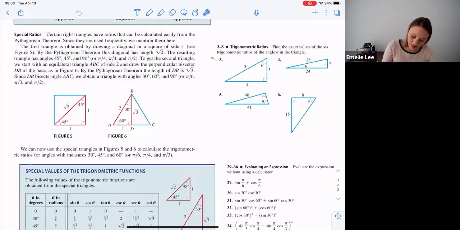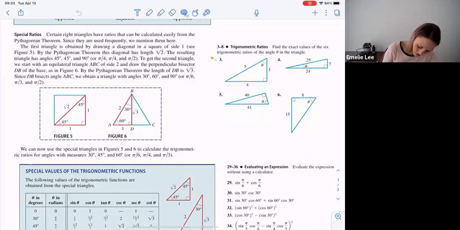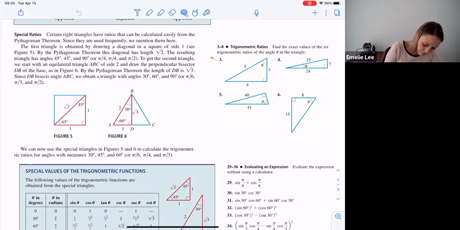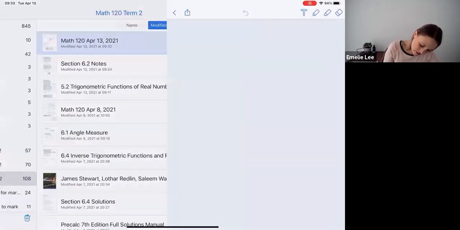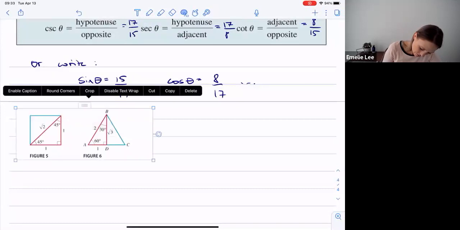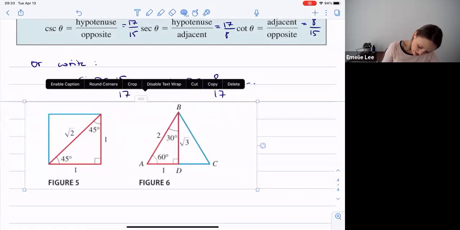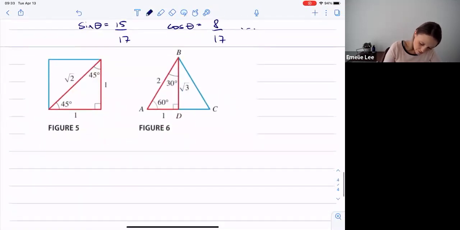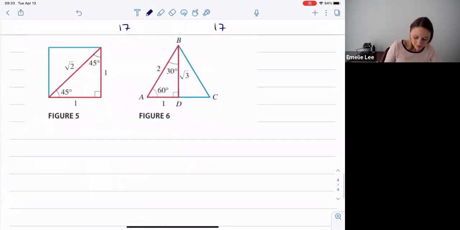So we can trace those degrees back to radians.